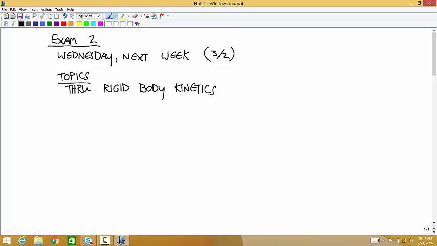I forgot to mention, last time I made a mistake in the last equation of the problem, the pulley where we included the mass. I posted the correction. If you go to the course notes, the correction is just the last couple lines of the lecture, and it's done in red, so you can see what the mistake was.